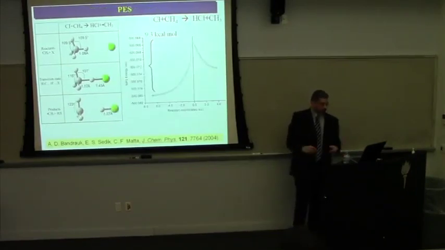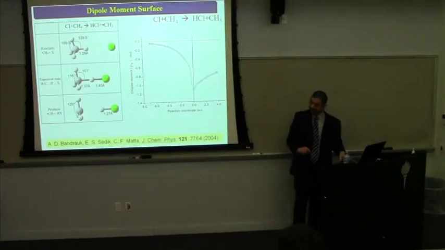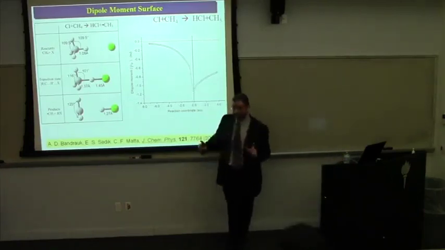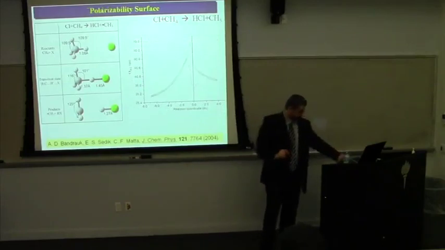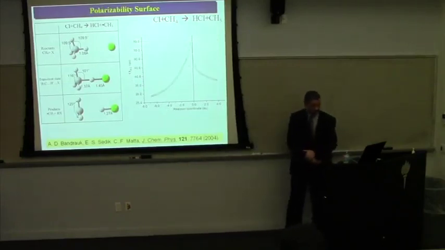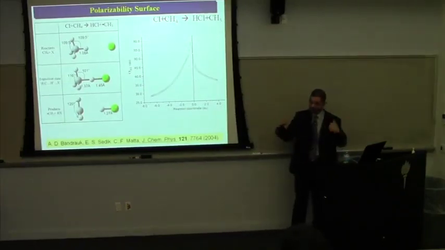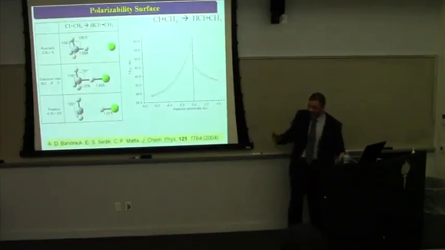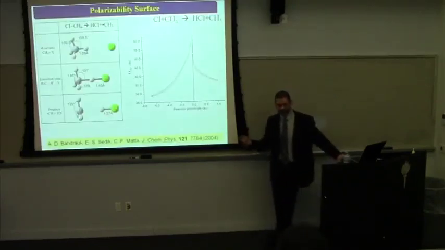So here is the other one, the chlorine, with a 9.3 forward barrier. This is its dipole moment surface, with the peak coinciding with the transition state. Here is the polarizability, the main one along the reaction approach. I didn't even bother to put the YY or the XX because it's so weak.